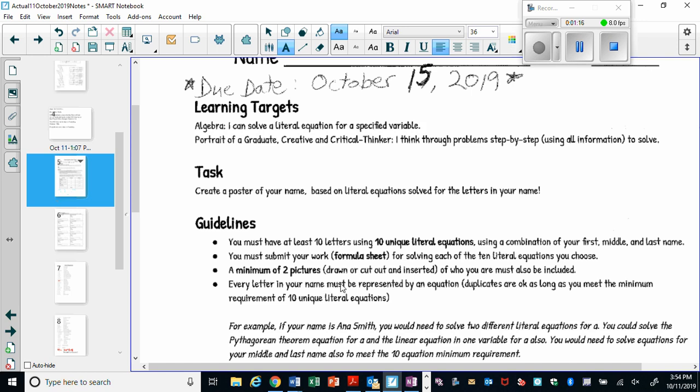Every letter in your name must be represented by an equation. Duplicates are okay as long as you meet the minimum requirement of 10 unique literal equations. Now, if you have less than 10 letters throughout your whole name, you can use additional letters from family members' names. That is fine.